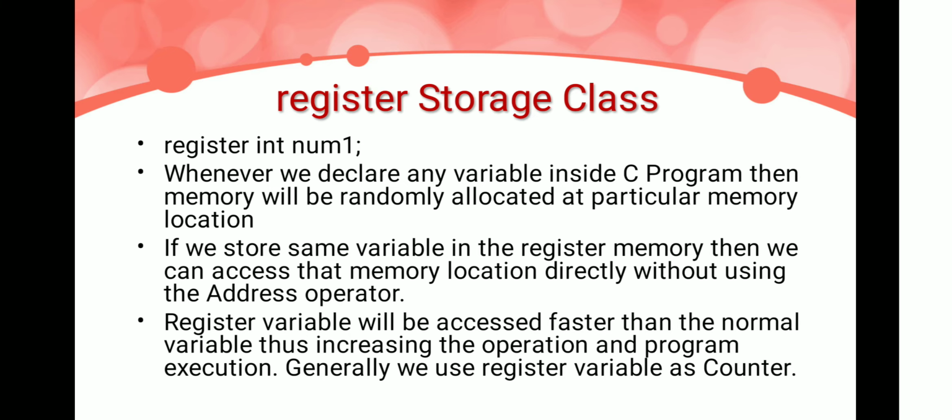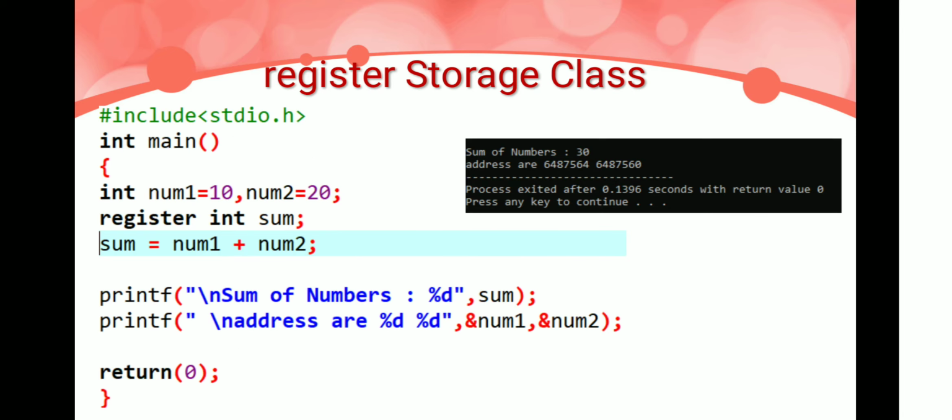For example, I'll show you a simple program for this. See here, in this program I have two normal auto variables, integer num1 and num2, to which I have assigned the values 10 and 20, and I have taken a register variable int sum, and I am calculating the addition of num1 and num2, and I am trying to print the sum.